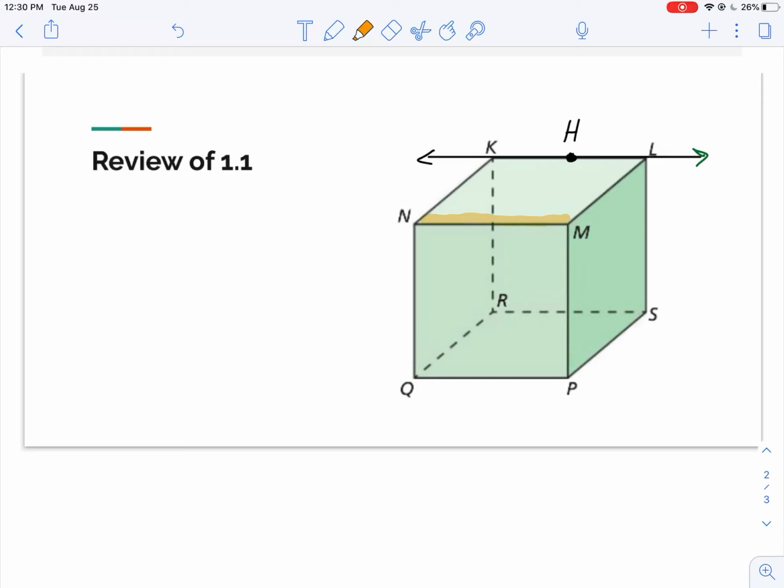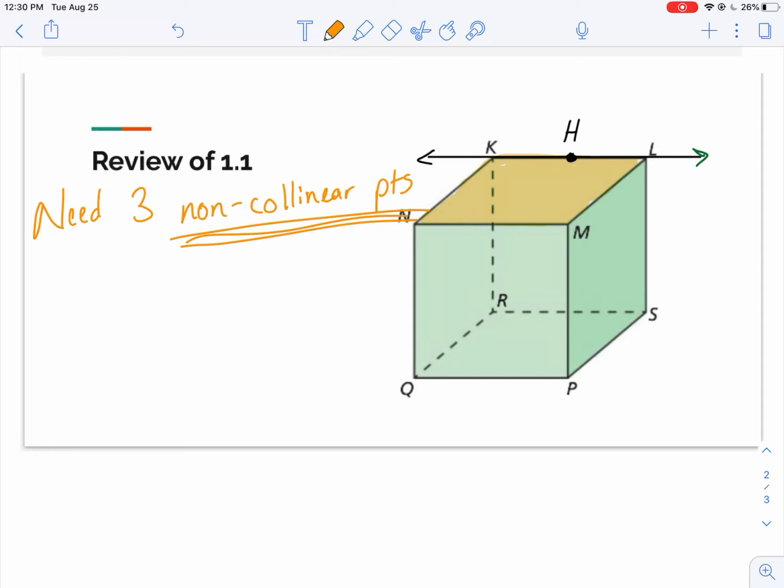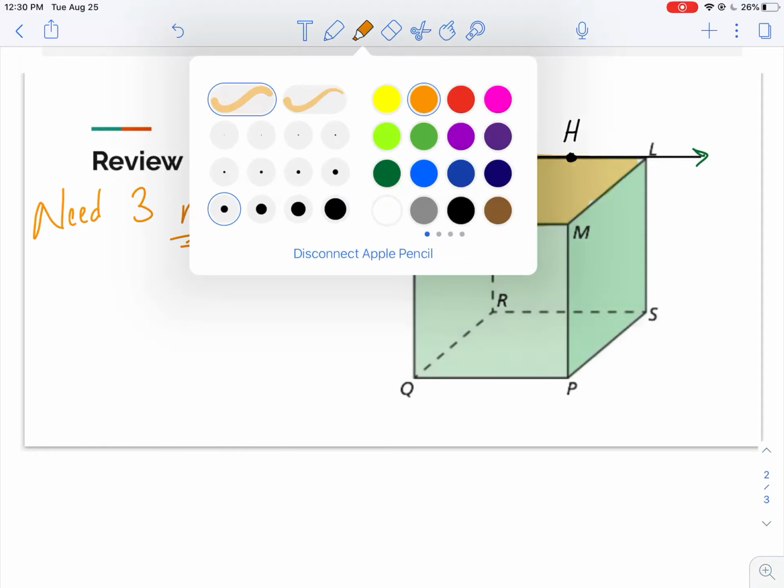So here, let's talk about planes. I've got this top plane up here. And I want to know a couple names for this plane. So again, the things you need to name a plane: 3 non-collinear points. This was something that a lot of people missed on our quiz, even though I touched on it pretty much every day.